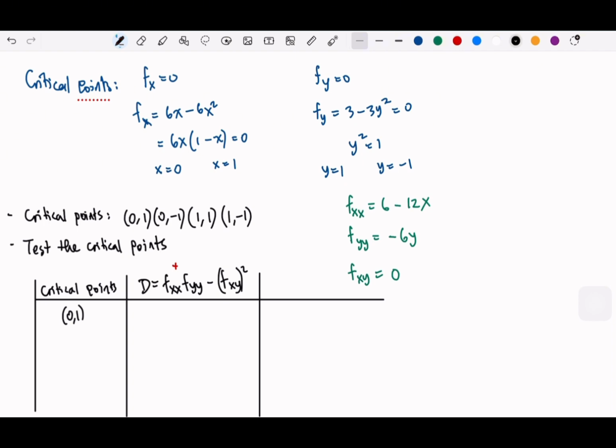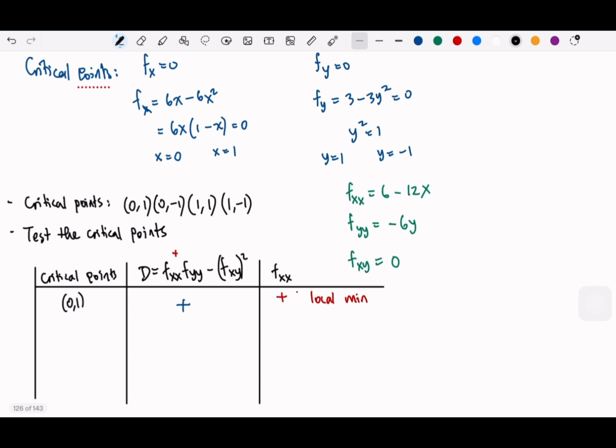So for partial xx, we take x equals 0. It is positive. So when it's positive, it's local minimum. So this is positive. So it's local minimum.